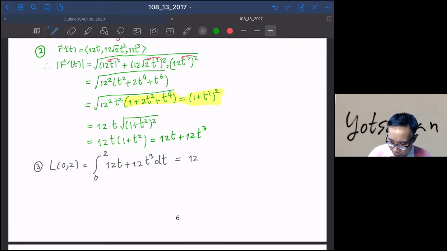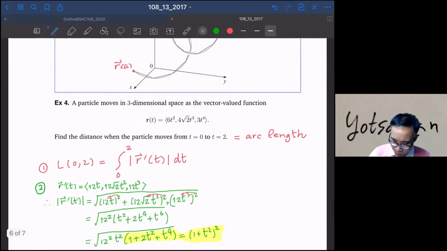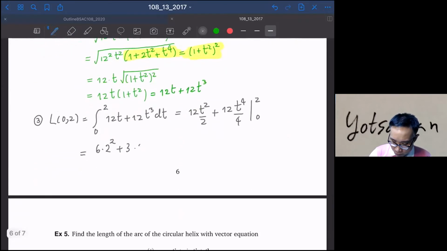So it's going to be 12t squared over 2 plus 12t to the fourth over 4 from 0 to 2. So it's going to be 6 times 2 squared plus 3 times 2 to the fourth.